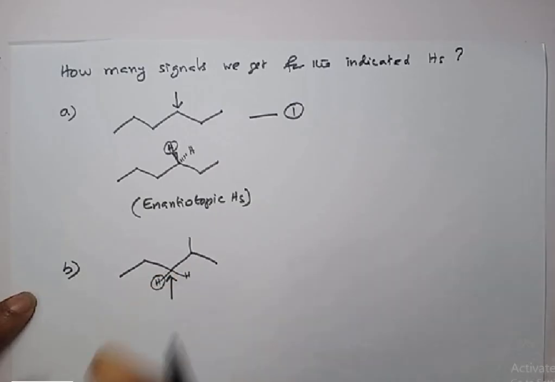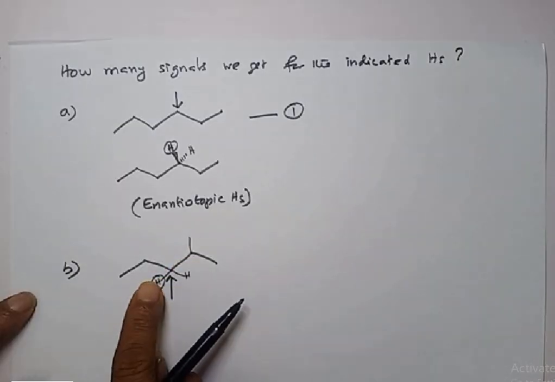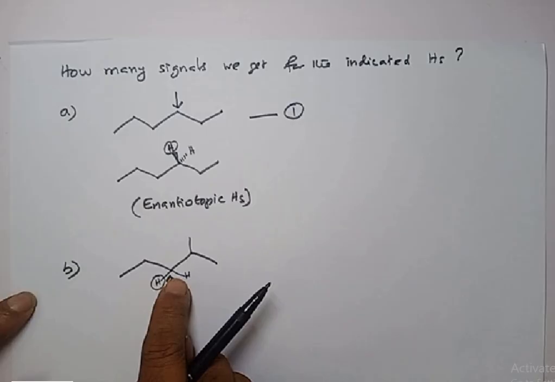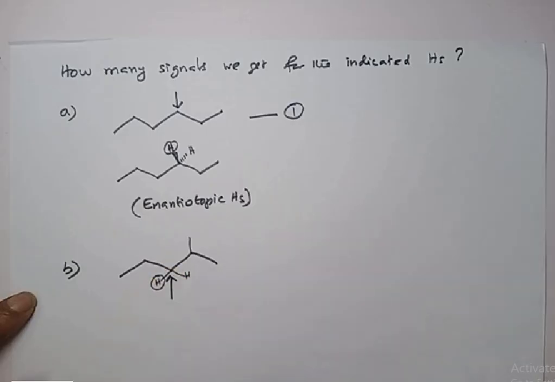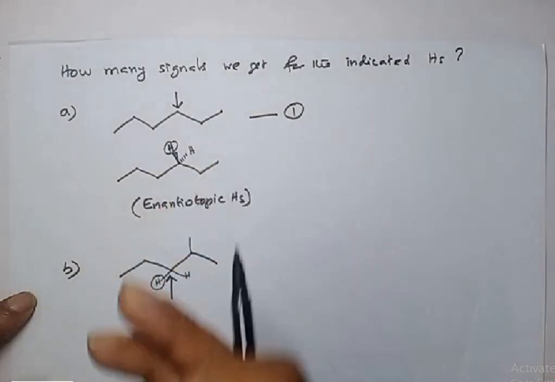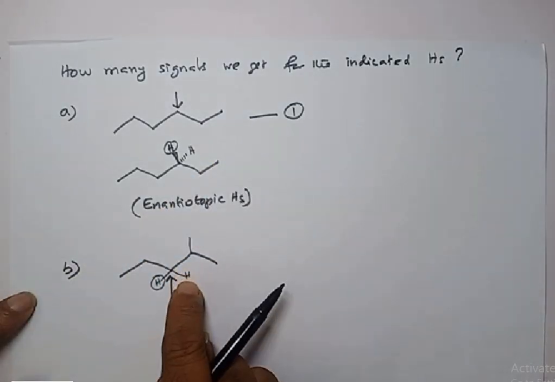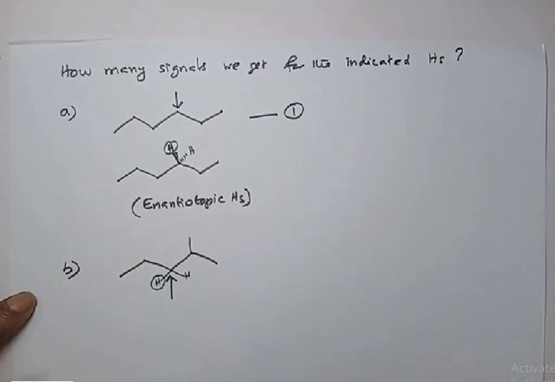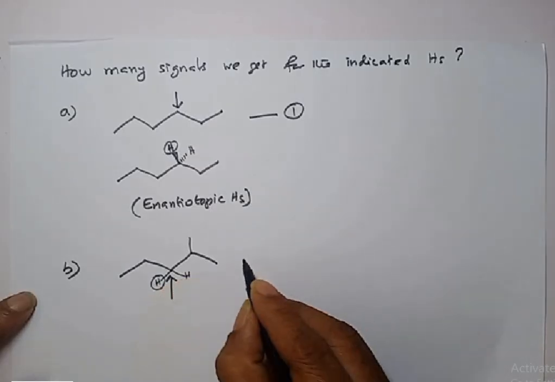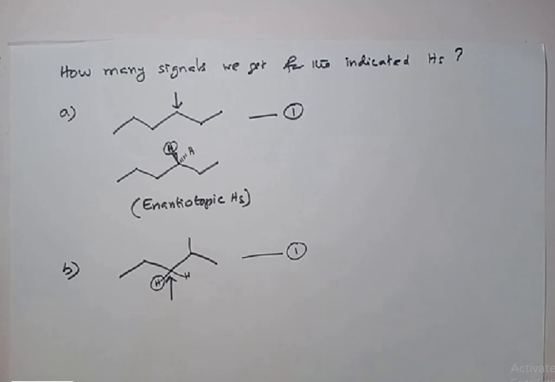Yes, we get a chiral carbon. If you replace either this hydrogen or this hydrogen by chlorine, we get a chiral carbon. If I replace this hydrogen and get the R isomer, suppose, then the replacement of the other hydrogen will give the S isomer. Therefore, these two hydrogens are enantiotopic hydrogens, so I will get one signal for this.